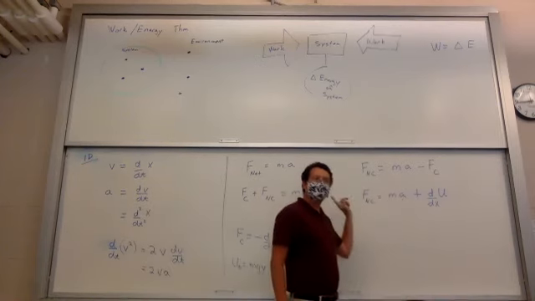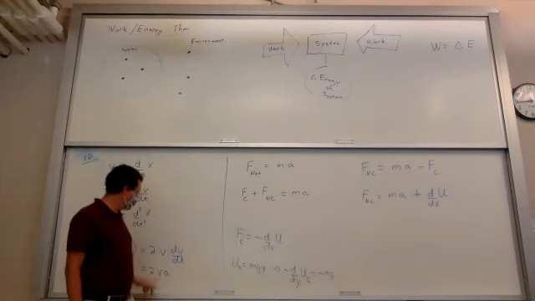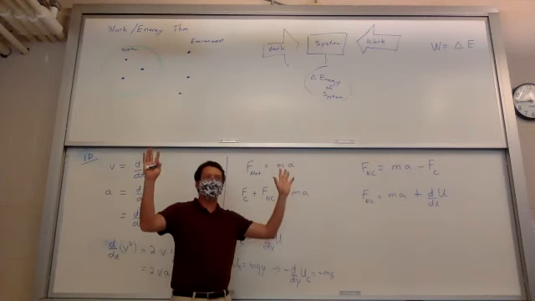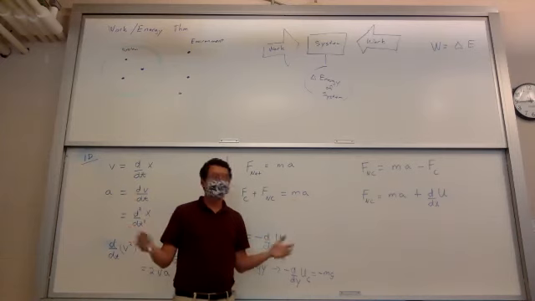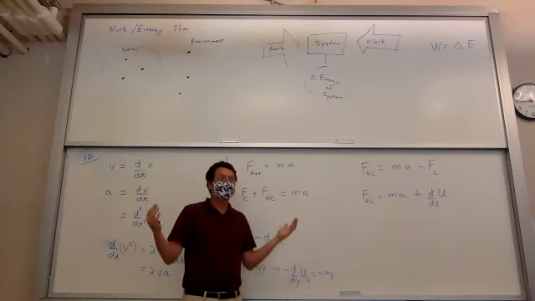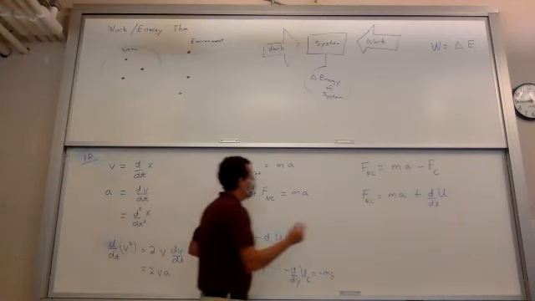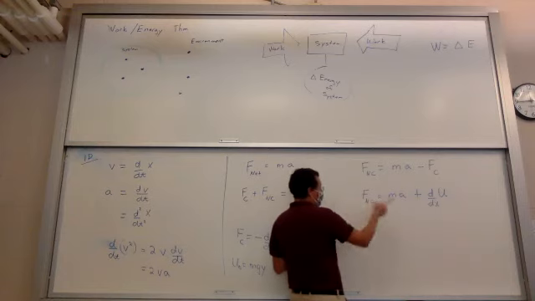So what do I need to multiply both sides by so that I can use this little identity? Velocity. So I'm going to multiply both sides by velocity. Why? Well, you know how it is. Small town, not much to do. We're in the middle of quarantine and all that, so let's do this. Occupy your mind.